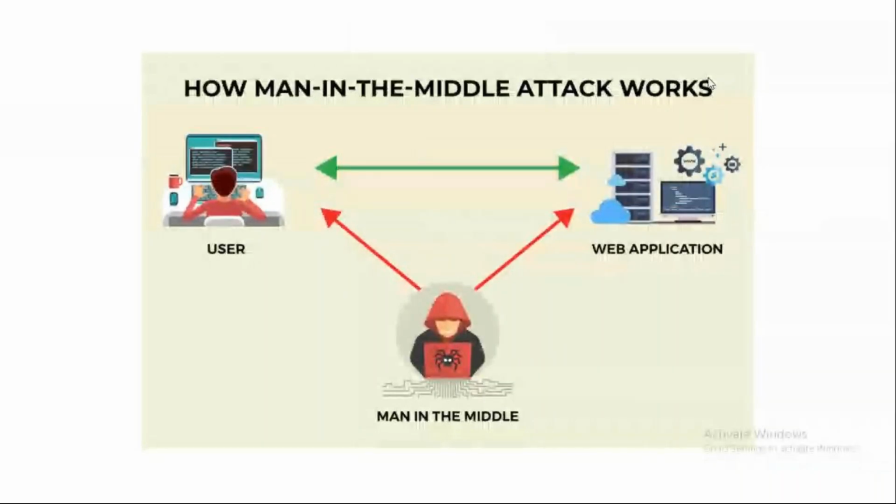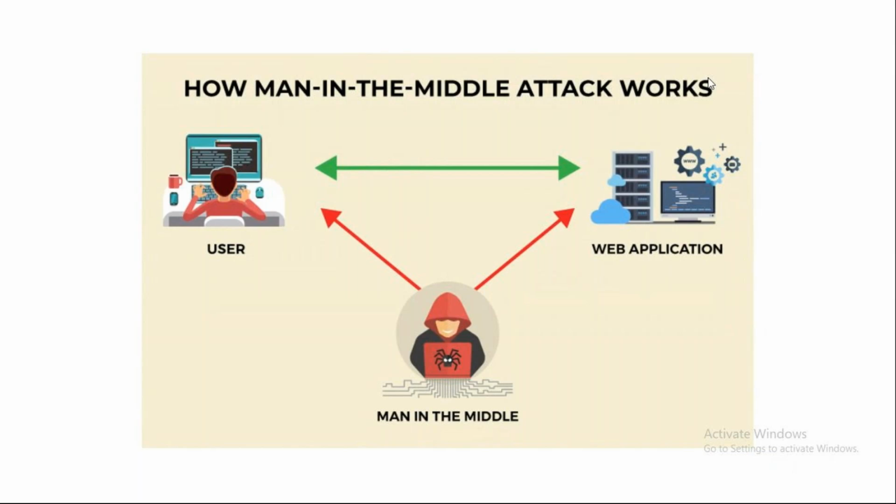A user accesses your application through the browser, and the communication happens between the browser and the server. But somebody in the middle, a hacker, will be sitting between your browser and the application, trying to capture the traffic and steal the data. So the man in the middle sits between your application server and your browser.